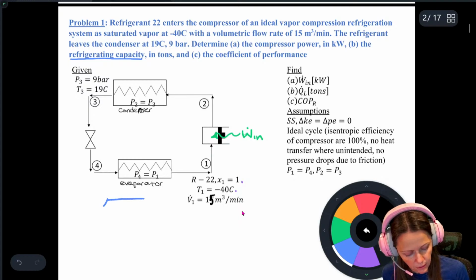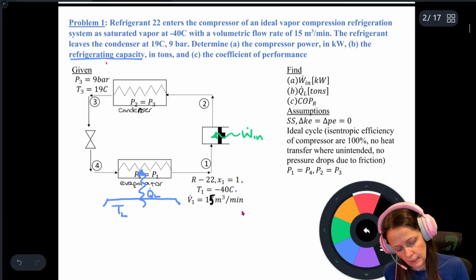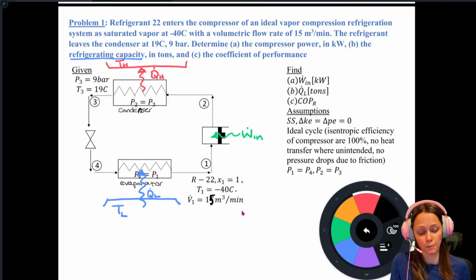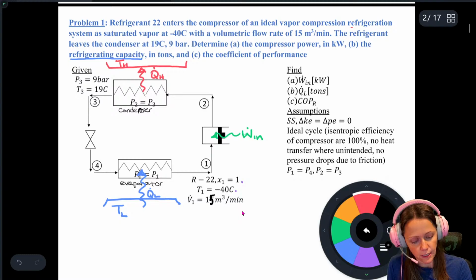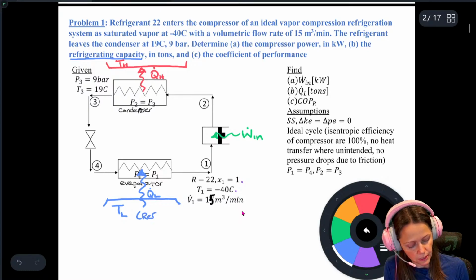So if you want to think about it, this is your low temperature reservoir, and this is your Q dot L. Your high temperature reservoir, you're dumping heat. In a heat pump cycle, we would call that Q dot H the heating capacity, because it's the rate at which you're heating the thing you're interested in heating. But this is a refrigeration system, and so this right here is just your refrigerated space.